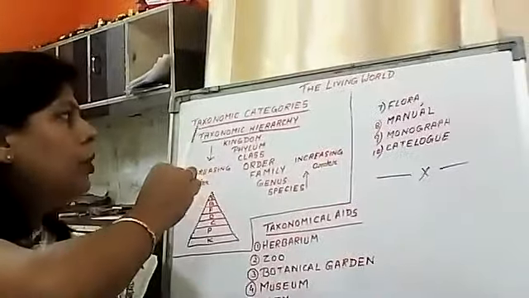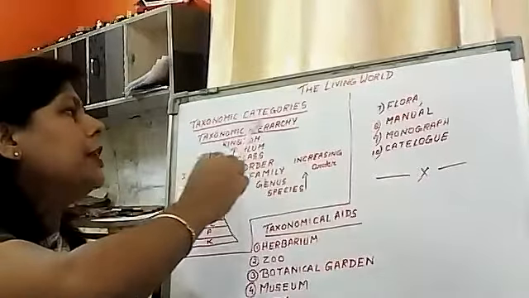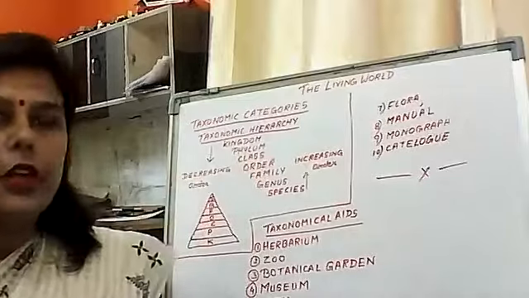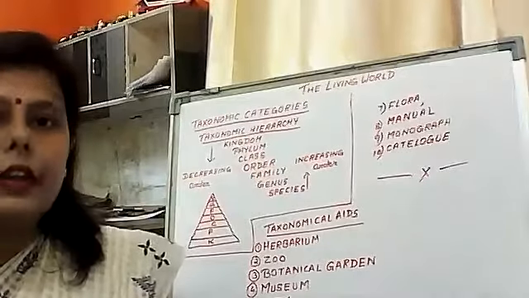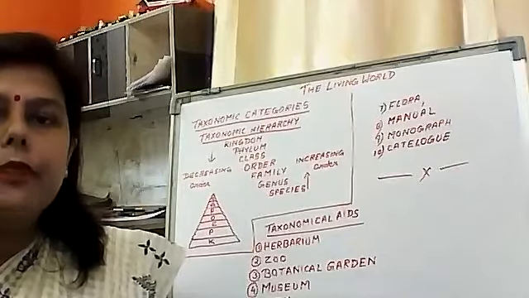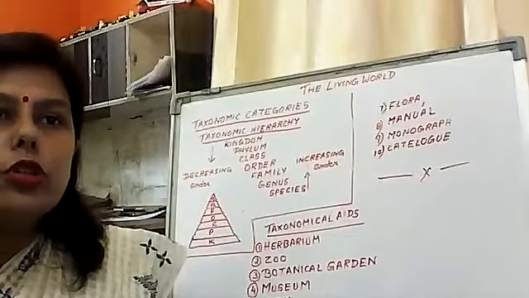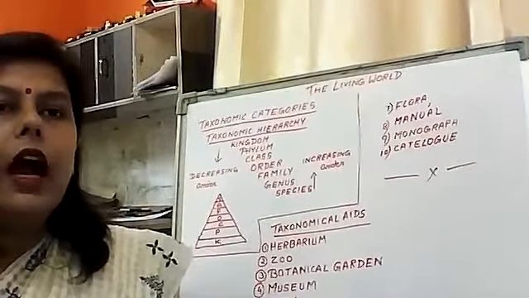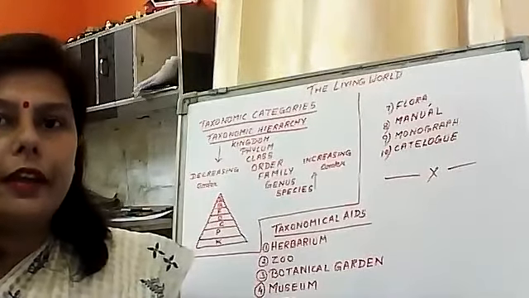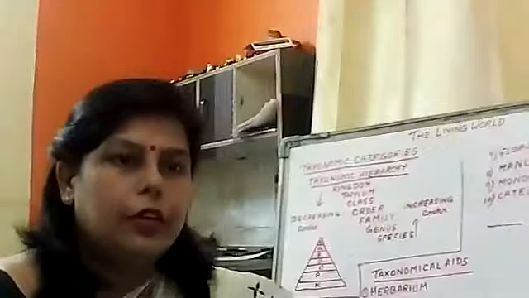So on the board, if you see here, I have simply written the taxonomic categories. Taxonomic categories means grouping of organisms based on their similarities. If two, three organisms have some similar characters, they are grouped under one particular category.